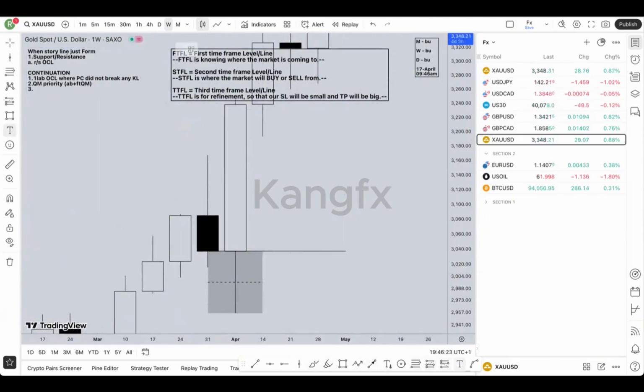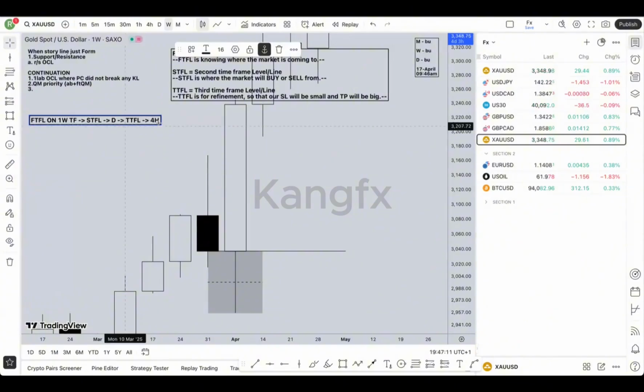If our FTFL is on weekly time frame, then our STFL will be on daily, while our TTFL will be on 4 hour. So this is how we are going to mark it.